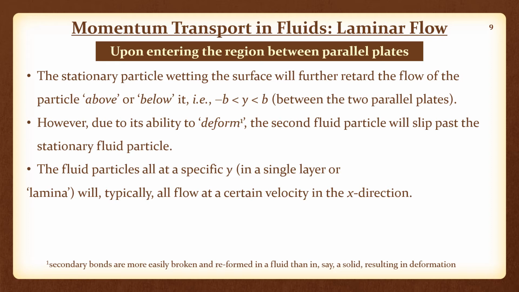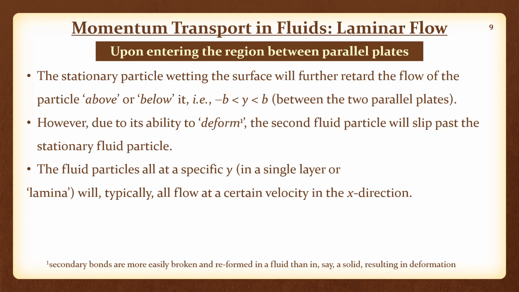So the fluid particles at a specific y in a single layer or lamina will therefore typically all be retarded in a uniform manner in this model, in this picture that we are creating, and therefore will all typically flow at a certain velocity in the x direction.